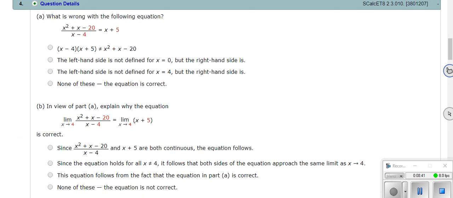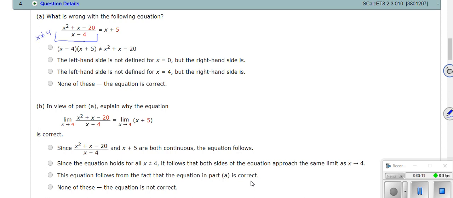This one, what is wrong with the following equation? Well, if we look down through the options, I'm not going to go over this in detail, but the first thing that jumps out at me in part A is: what value of x can I not have on the left-hand side? Over here on the left-hand side, x cannot be 4, right?